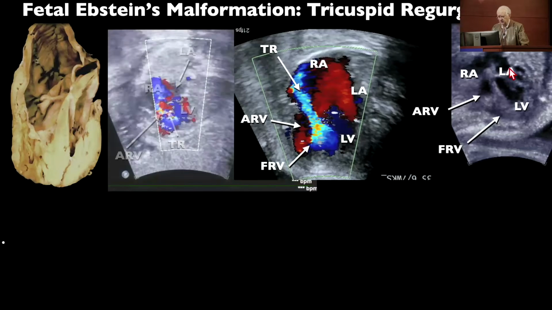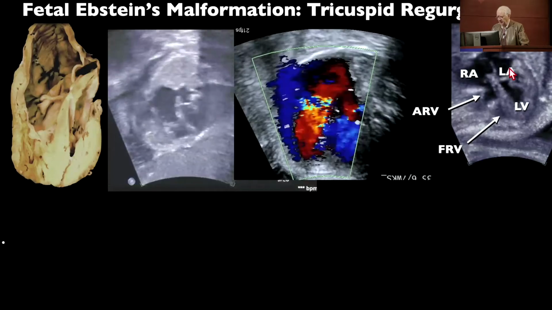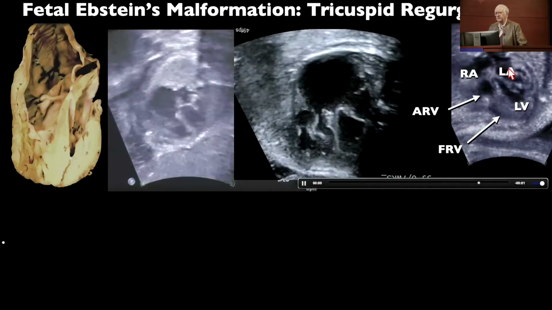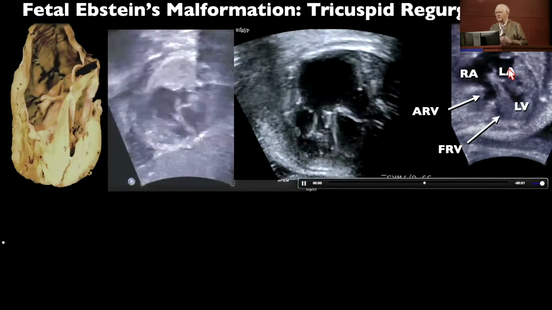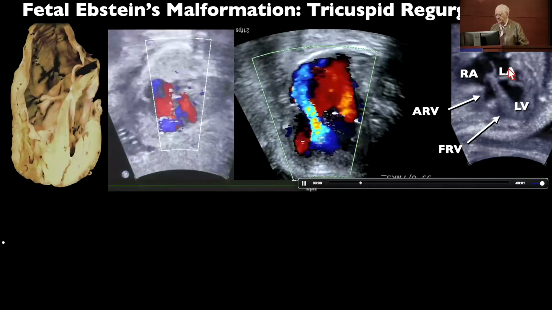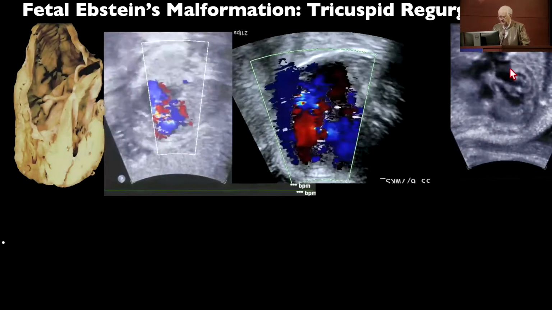It can be mild, it can be severe, and it can be non-existent when the valve is entirely fused. So the variability to the Ebstein's from not only the displacement, but the valve may not delaminate at all and remain with a position similar to tricuspid atresia.